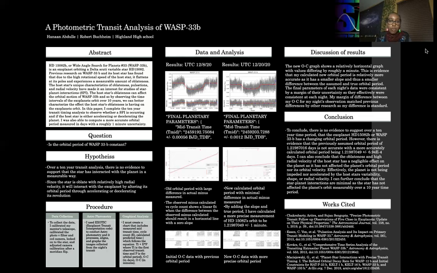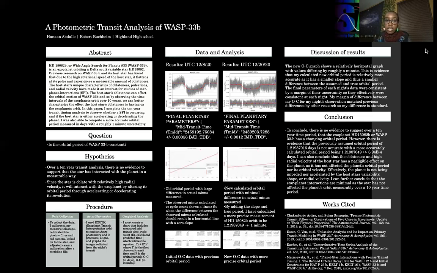And then for the first graph, that is the observed minus calculated using the initial orbital period. And as you can see, the slope is a lot larger than zero.